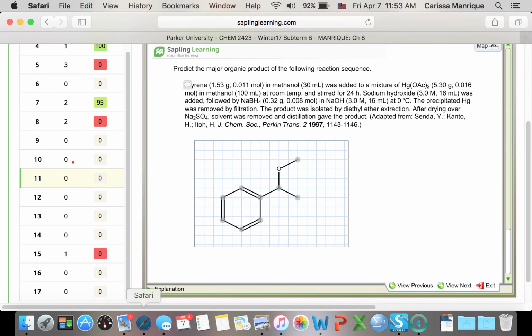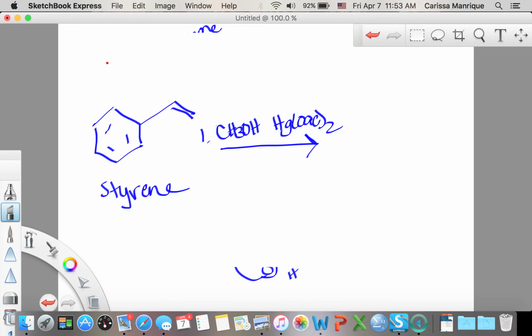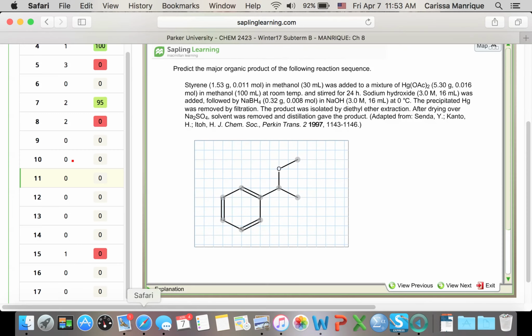Okay, so we have then sodium hydroxide and NaBH4. Okay, then it dried, and so on. Okay, so most of this you don't actually need. This is just showing you what it looks like when you have a chemistry paper, when you're reading an article.